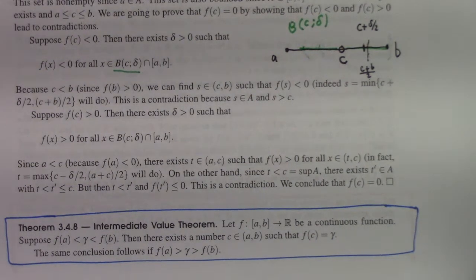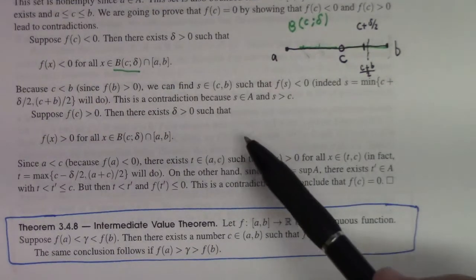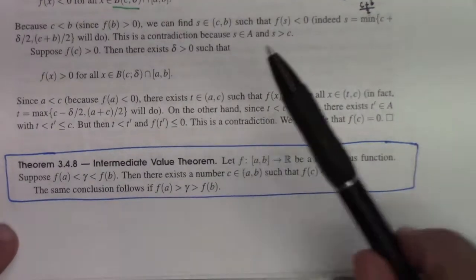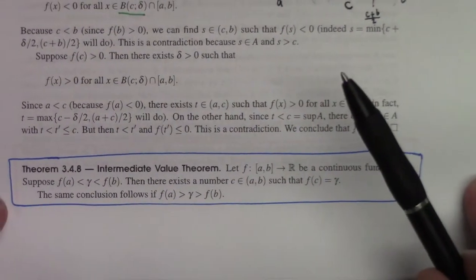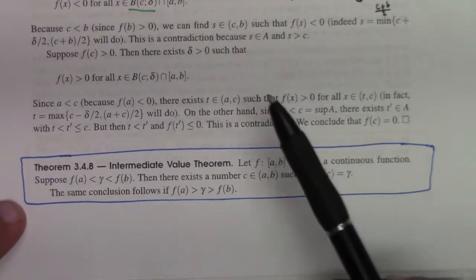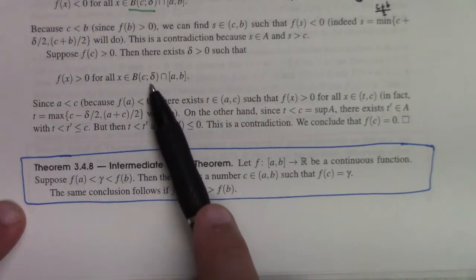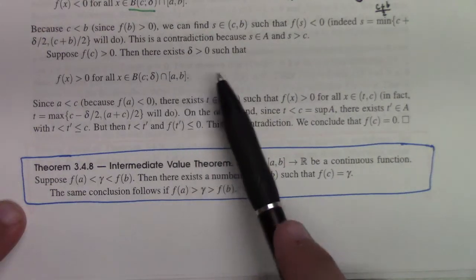That's a problem. And I think the idea of the second part of the proof is very similar, right? If f of c is positive, there exists a delta greater than 0, such that f of x is positive for all x which is in the ball intersected with the closed interval.